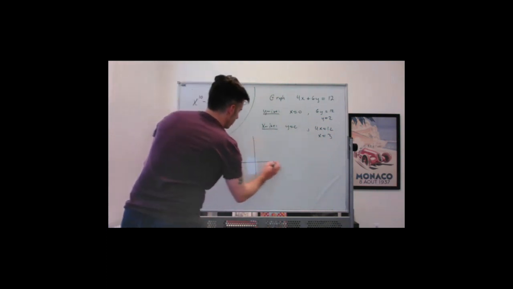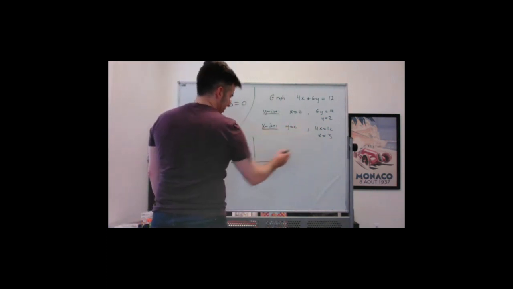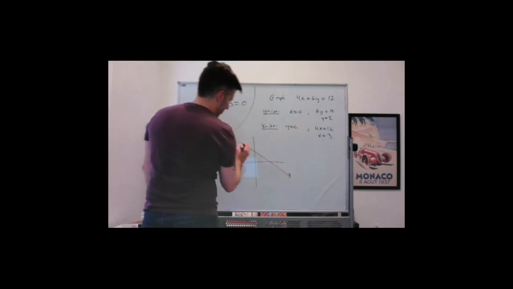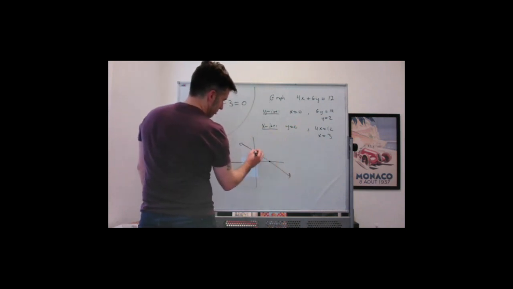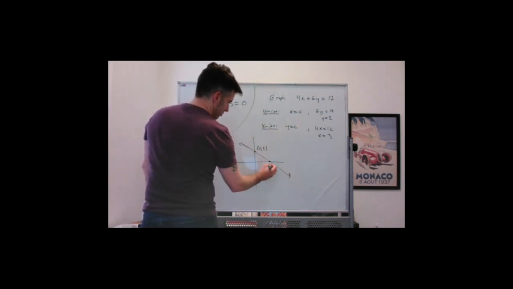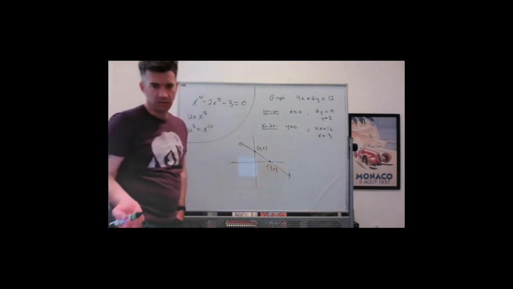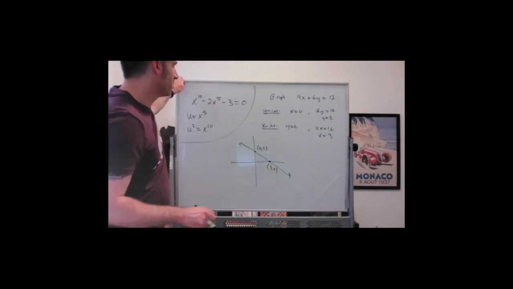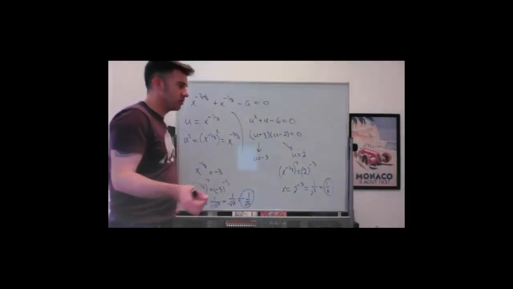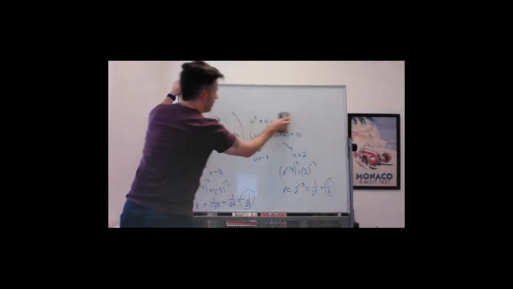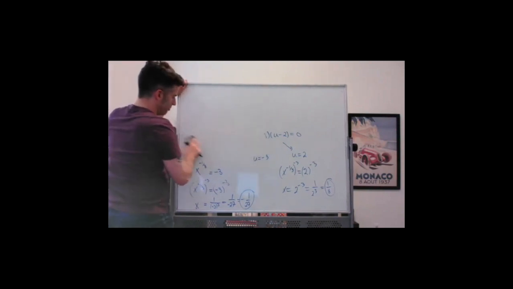So y is 2, x is 3. It's always something like that. There's my line. So graphing a line should be a really, really fast, straightforward process. Find the y-intercept, find the x-intercept, draw the line between them.